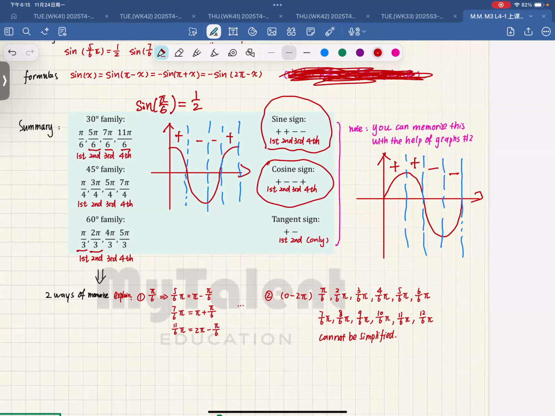If we look at this table, if it's a sine, let's say sine pi over 4, definitely positive. Sine 3 pi over 4, positive. Sine 5 pi over 4, negative. Sine 7 pi over 4, negative.